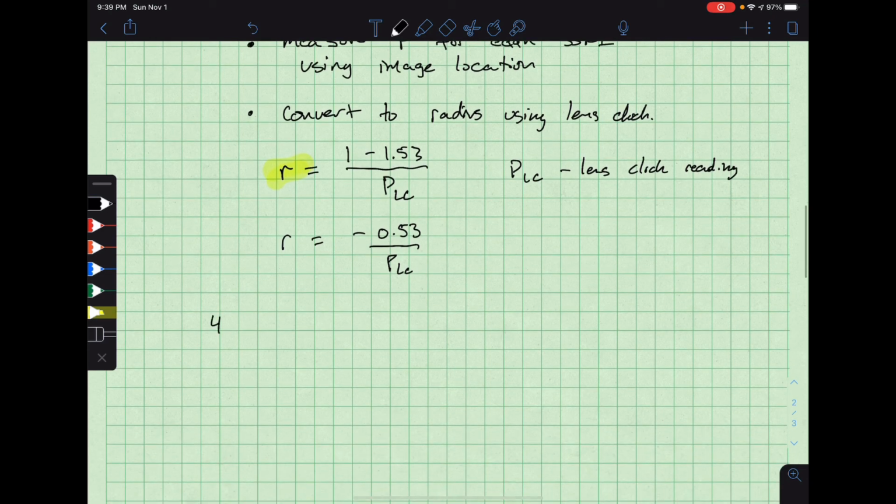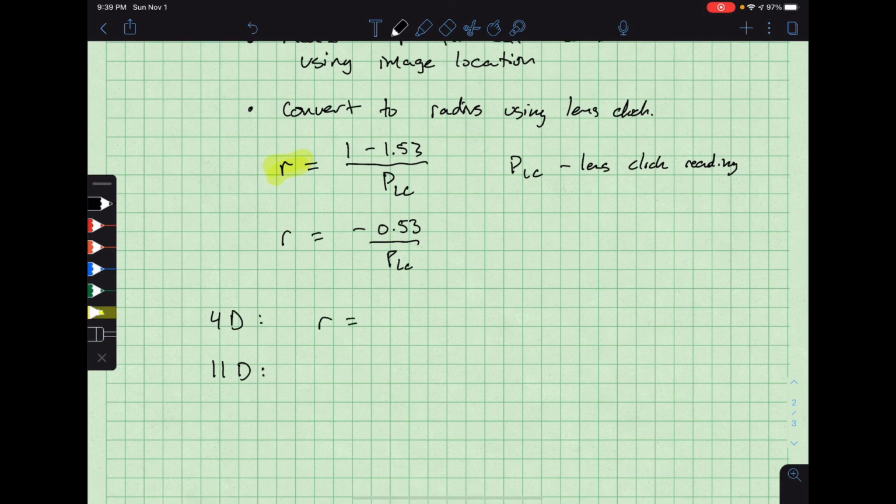You'll have two lenses at your desk. One of them is approximately 4 diopter, one is approximately 11 diopters. And for the 4 diopter lens, the radius is 13.25 centimeters. And that corresponds to a lens clock reading of 4 diopters, which actually tells us that the lens clock is assuming the correct index of refraction for that lens.